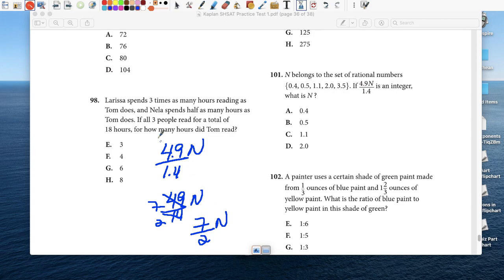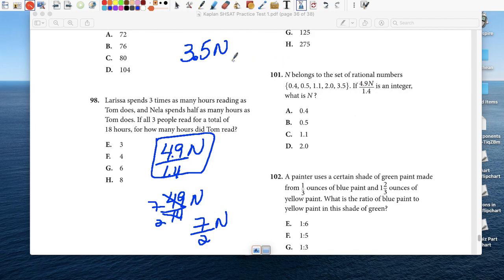Okay, so you could have done that from the beginning, and change 4.9 over 1.4 and simply write 3.5n. Right, so whether you do it with this or after you simplify, you still get 3.5n. So think about it, 3.5n, and n represents 0.4, 0.5, 1.1, 2.0, or 3.5.